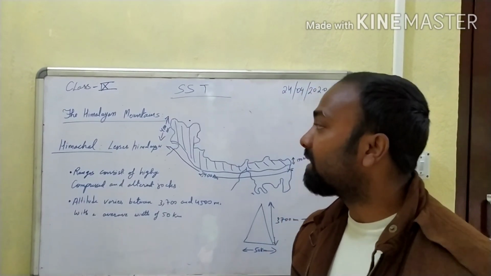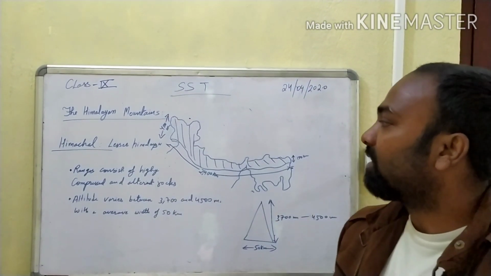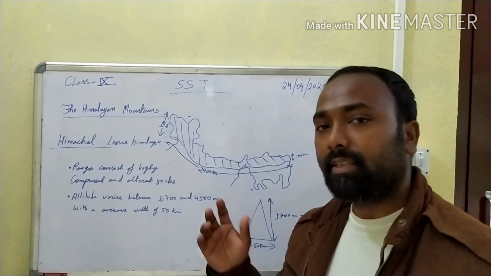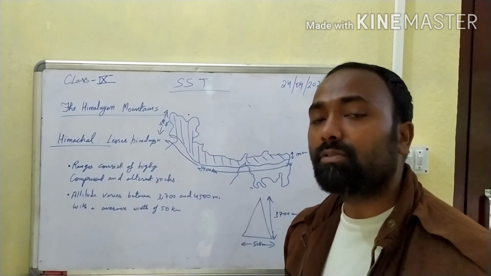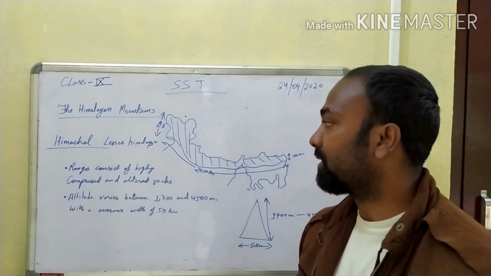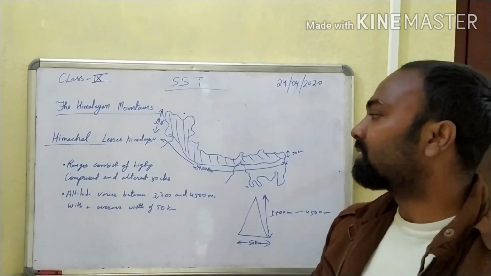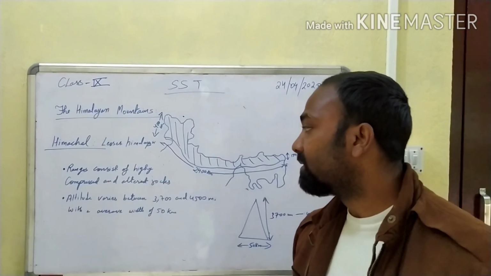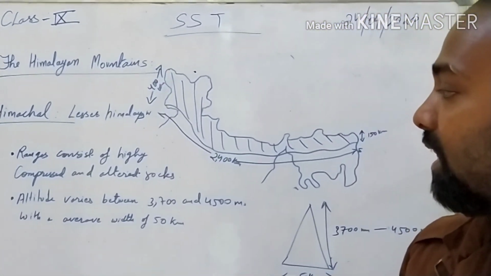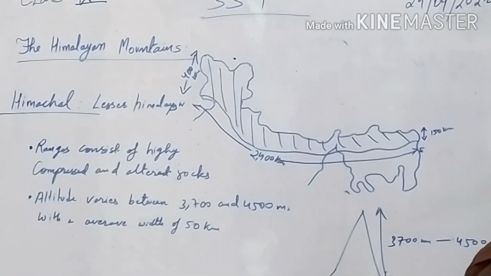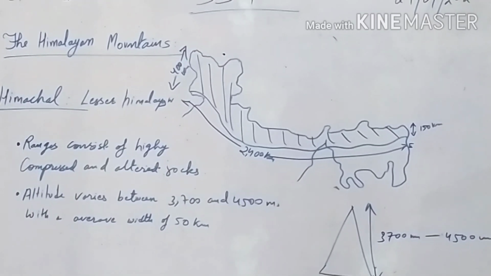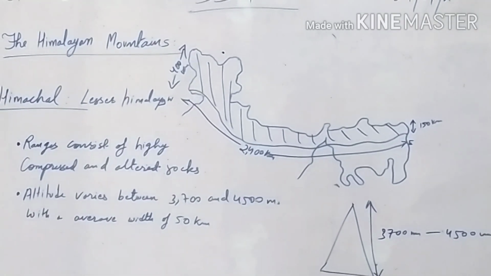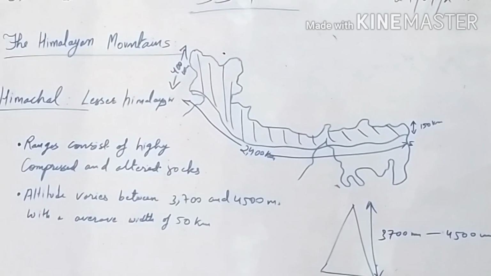Now let us understand the Himachal or the Lesser Himalayas. This range lies towards the south of the Himadri, and it consists of highly compressed and altered rock. As you can see here, I have written it for you all. Altitude varies between 3,700 to 4,500 meters with an average width of 50 kilometers.